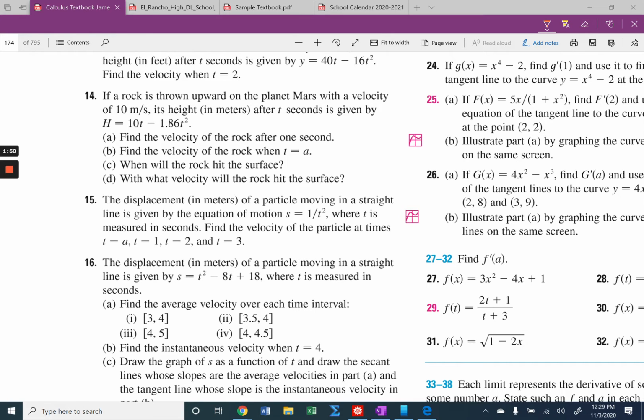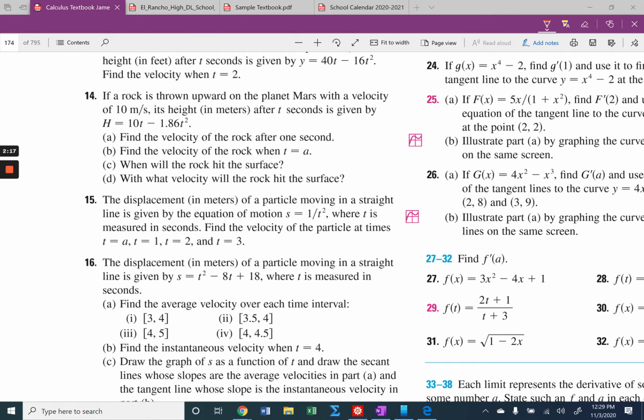I would do part B first, and then go back later and plug 1 in for the letter a, and you'll get the answer. But just take the derivative, take the limit as lowercase h goes to 0, in this case, capital H of a plus h minus capital H of a over lowercase h, and just do the process. You know how to do this. We've done it so many times now that you should be able to do it.